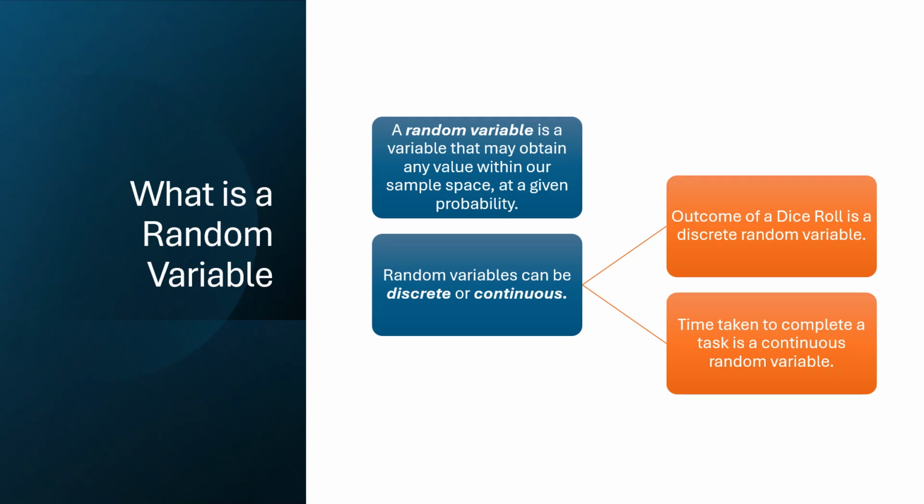For example, if you toss a coin and your random variable is the number of heads that will appear in tossing of the coin. There are two possibilities. Either you will have 0 heads or you will have 1 head, each with the probability 0.5 and 0.5.